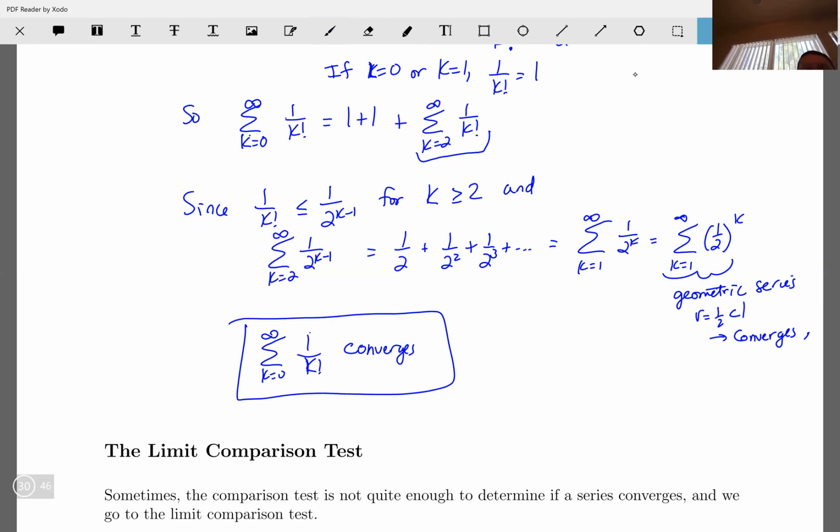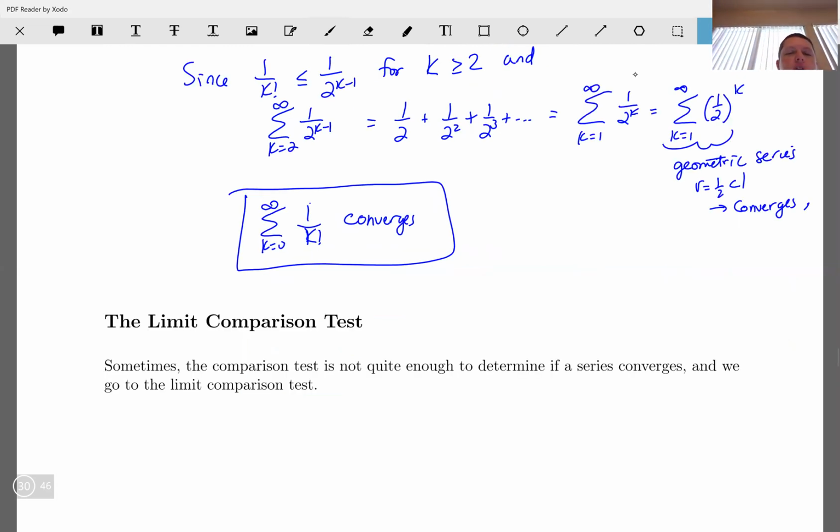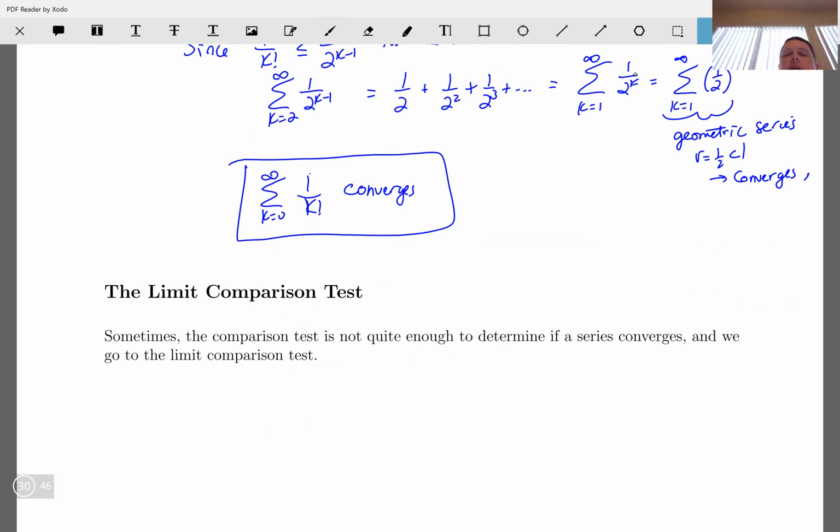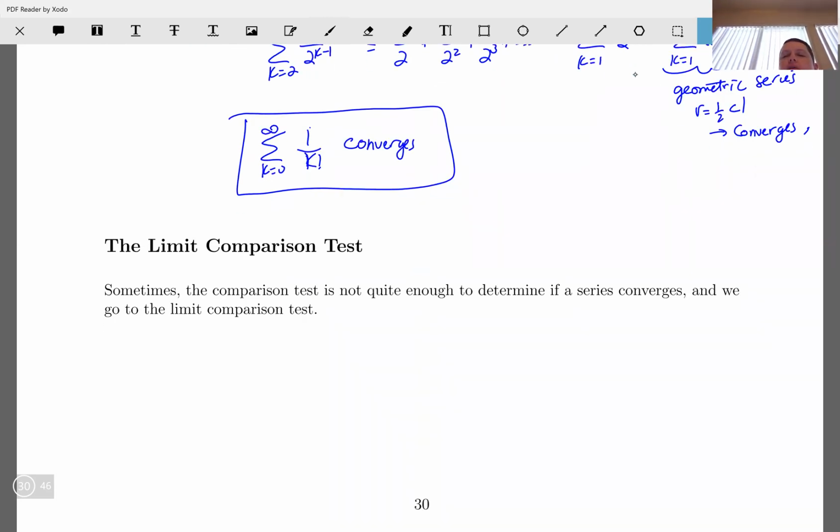At this point, you might want to pause, take a moment, and think about this. I know you might argue a geometric series starts at k equals 0, but we've already talked about that: if part of the series converges, adding a few terms doesn't change convergence.